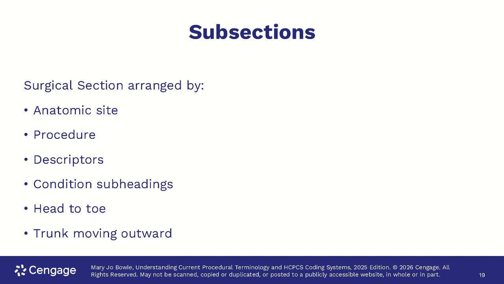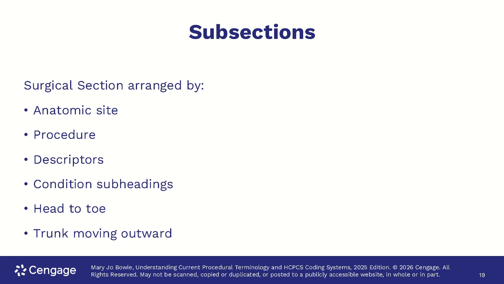But inside of the surgical section, you're going to find subsections that are organized anatomically. So we go from integumentary system to musculoskeletal system to respiratory system to cardiovascular system to digestive, the list goes on.